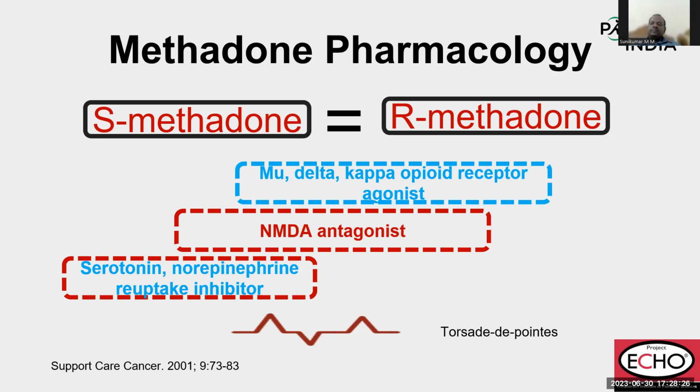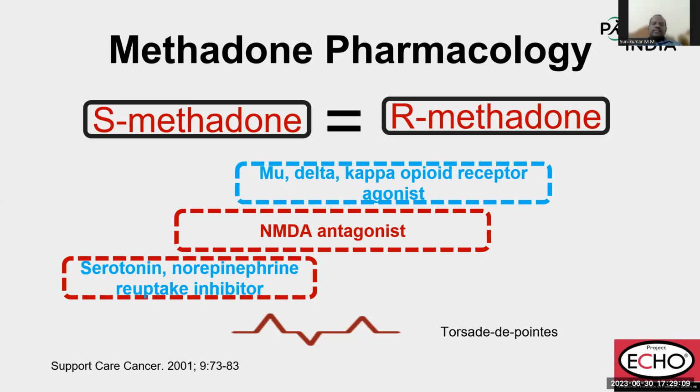Anybody? Okay, Dr. Sandoshi says tapentadol, tramadol. Yes, you are right, but primarily that is the mechanism of action of tricyclic antidepressants. Tramadol and tapentadol also have the same action. So these are the three mechanisms by which methadone acts in our body.